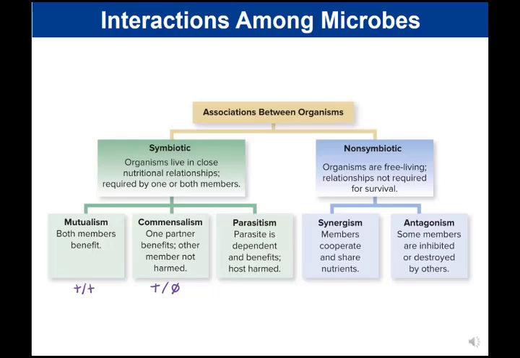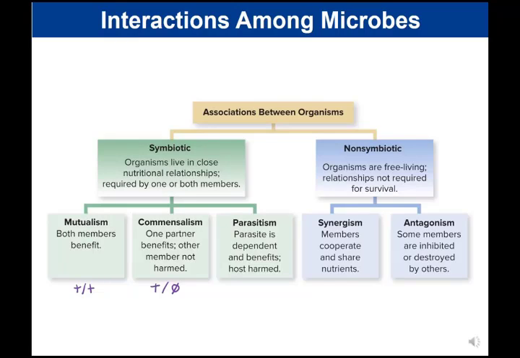An example of commensalism would be some types of normal flora bacteria. Some types might be advantageous for the microbe, but they might not do much for the host. So that would be commensalism. One partner benefits and the other member is not affected. It's not harmed, it's not benefiting, it's ambivalent.